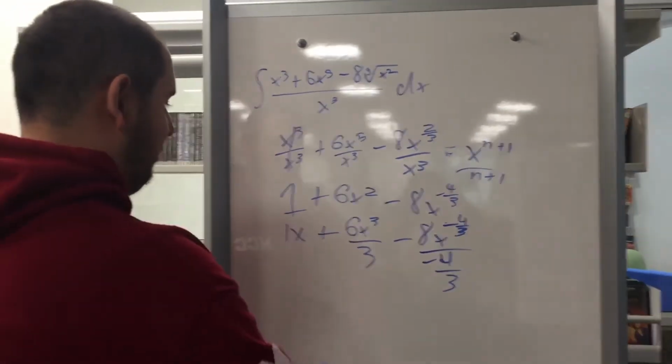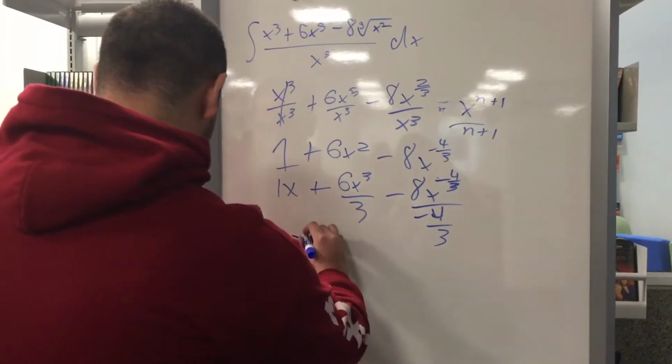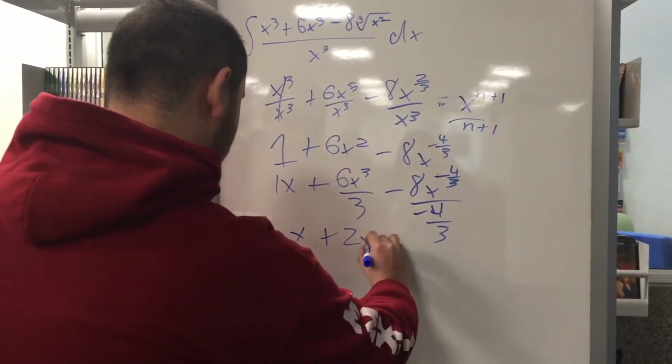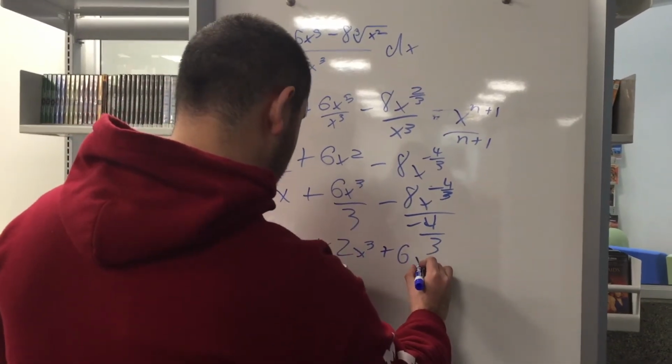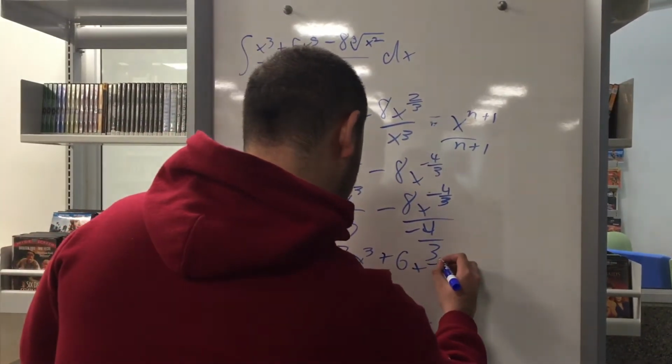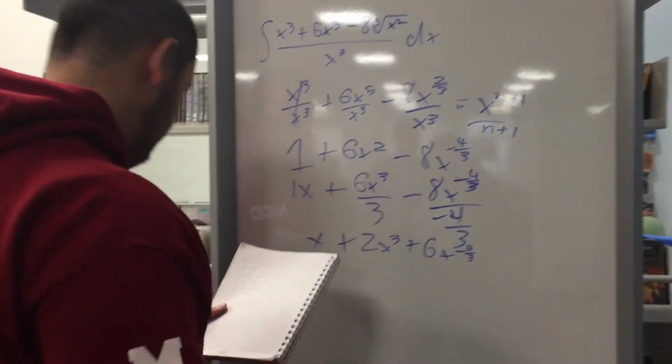Then you only simplify and it's going to stay x plus 2x cubed plus 6x to the minus 4 over 3.